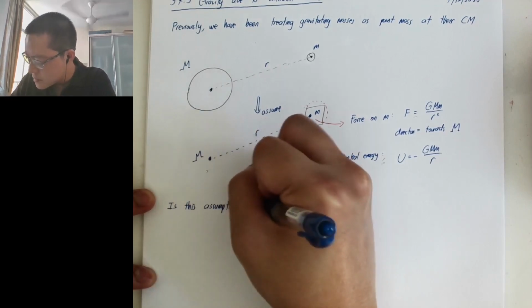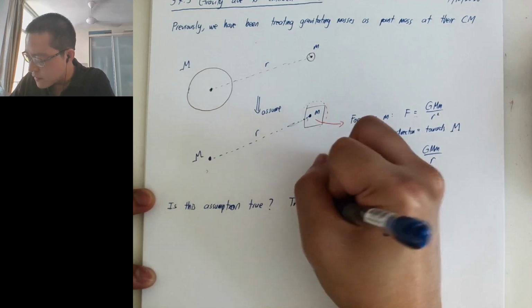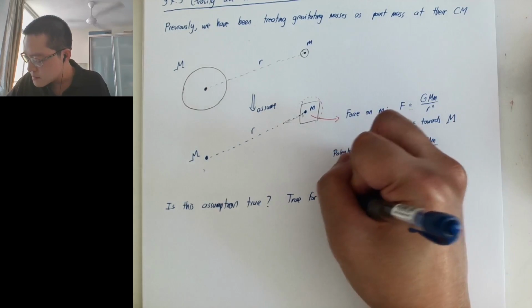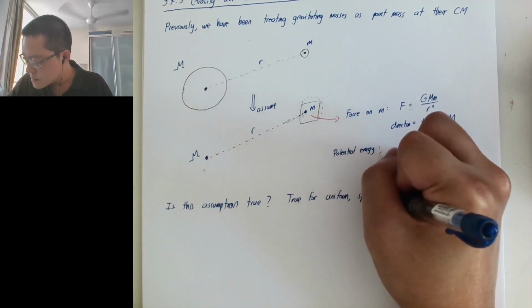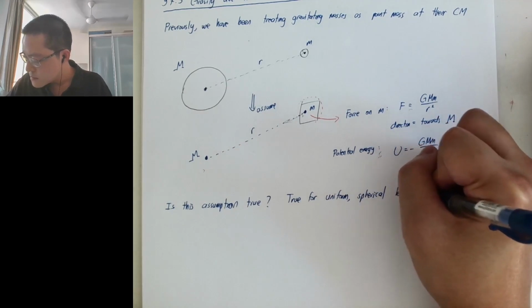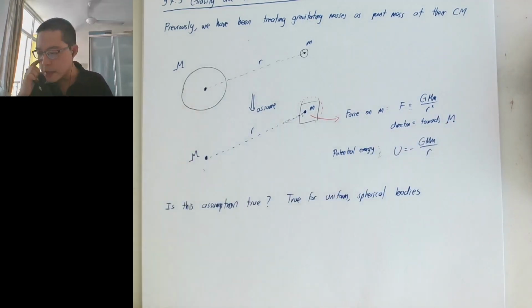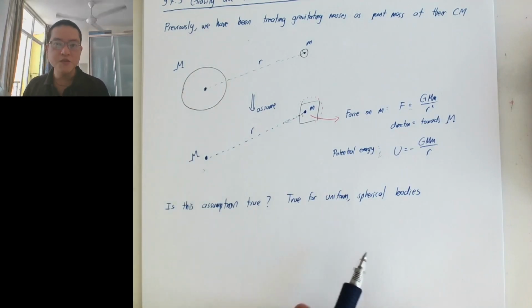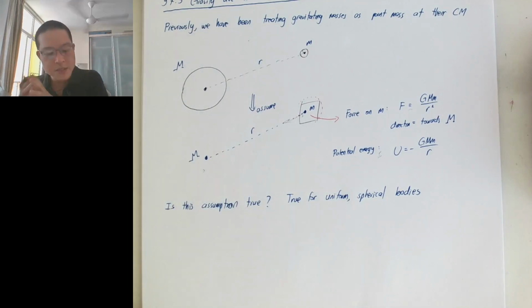It is true for uniform and spherical masses. So if it's uniform and spherical, then yes, the assumption is true. But if the object is not spherical, then what's going to happen?